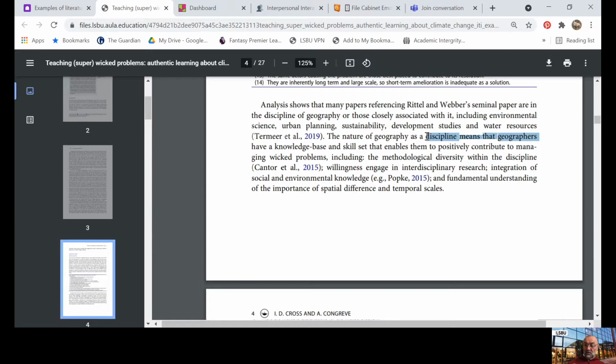What you're doing is you're using other people's ideas to give meaning to your ideas, to put meaning in your argument. So language like this means that, or my interpretation of this is, or an interpretation of this is, doesn't belong in a literature review.